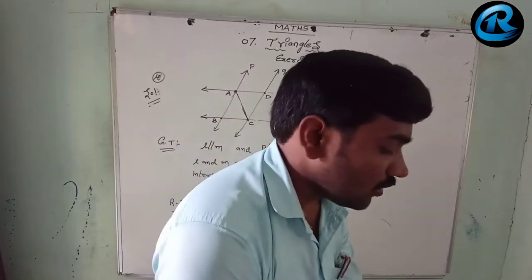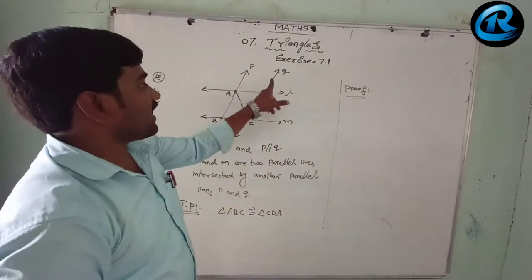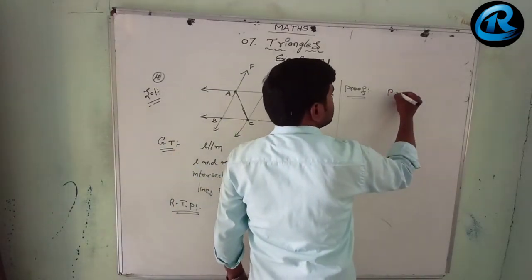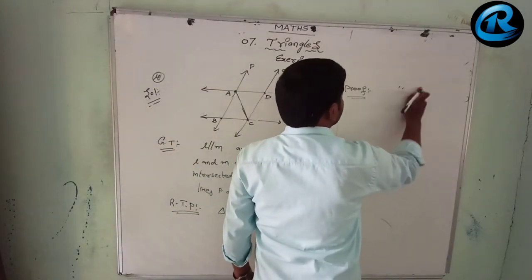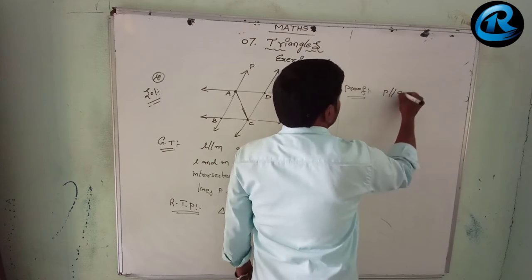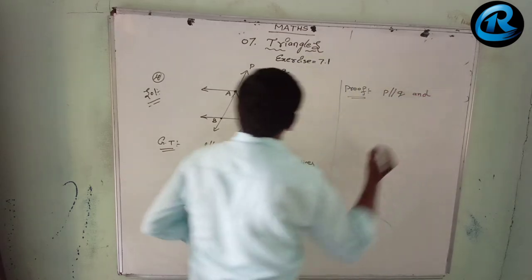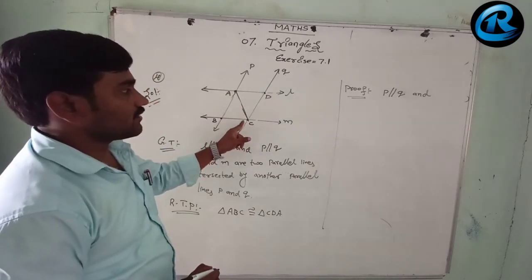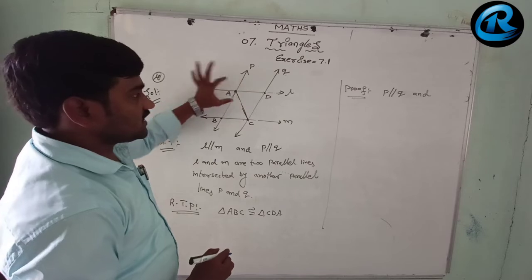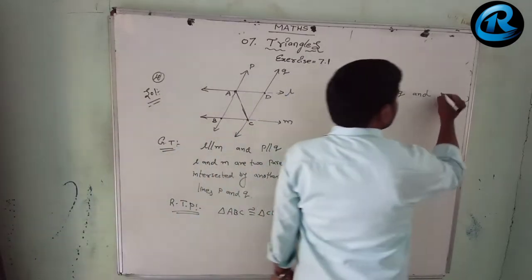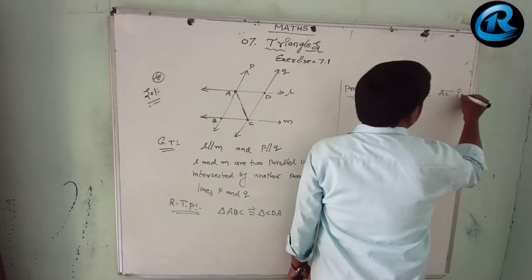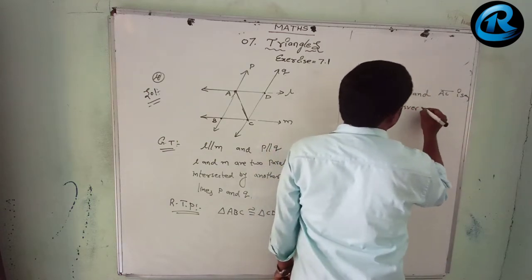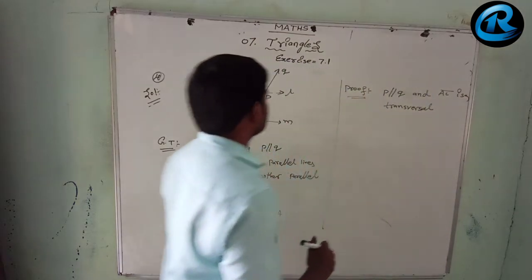Now here, as given, P is parallel to Q, and AC is intersecting P and Q. AC is a transversal, right?